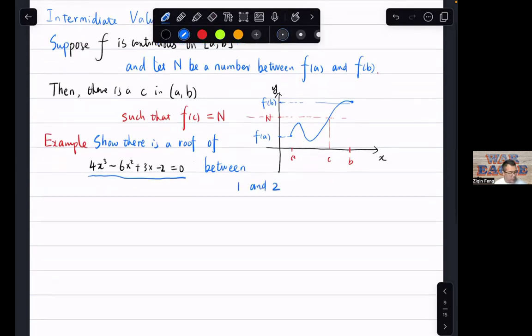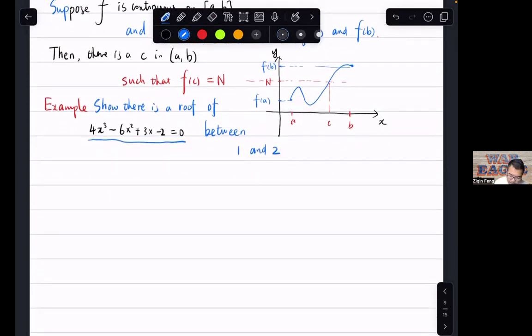Let's try to do that. So let's see the solution. What we want to do is get a root, let's call that C, such that if you plug in C on the left side, you get 0. The left side is our function.